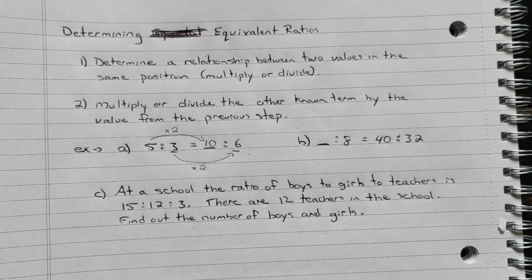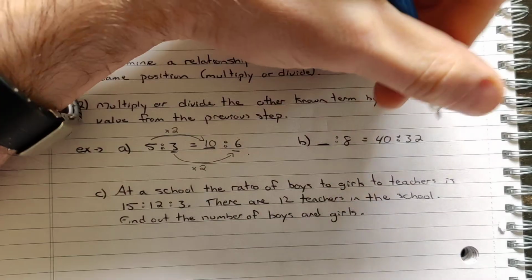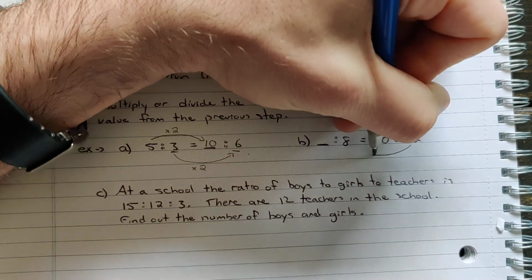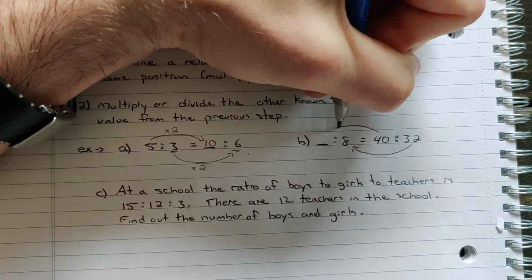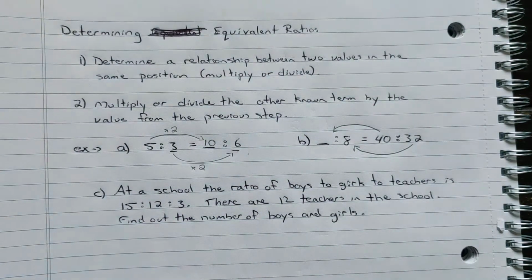In the next case, I have something to 8 is equal to 40 to 32. So now I have to go from 32 down to 8 and 40 down to this missing value.